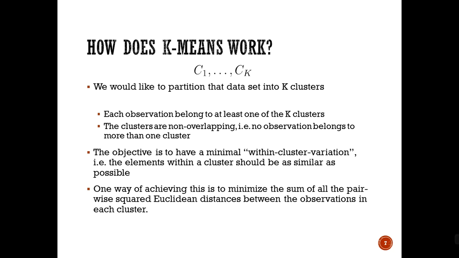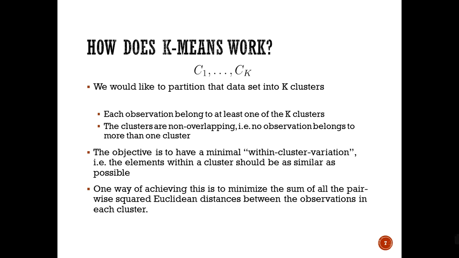So they are a partition of 1 through n, and there's no intersection. So there's no overlap between the clusters. This is just a fancy way of saying we are going to break up the points 1 through n into k groups, which are not overlapping and cover the whole set.